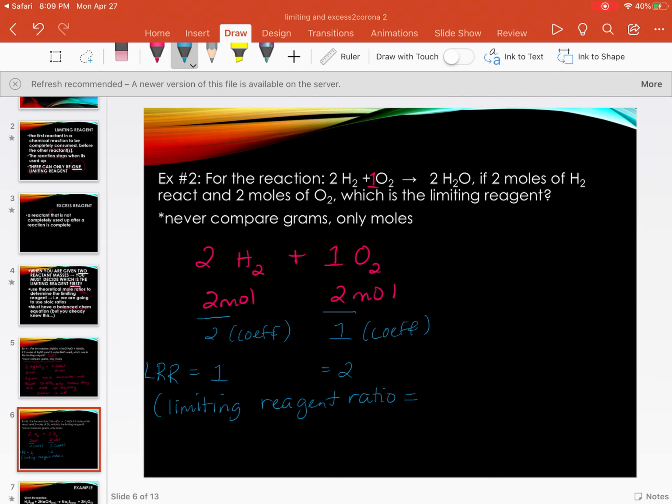Okay, so that is the mole divided by the coefficient. And then using the limiting reagent ratio allows for comparison when the coefficients aren't the same.